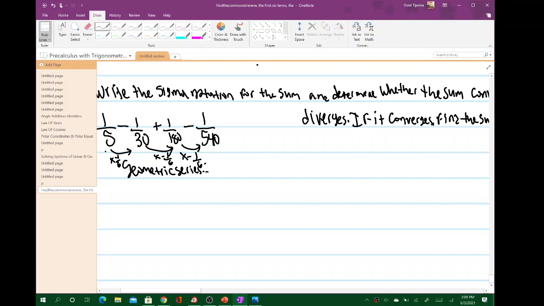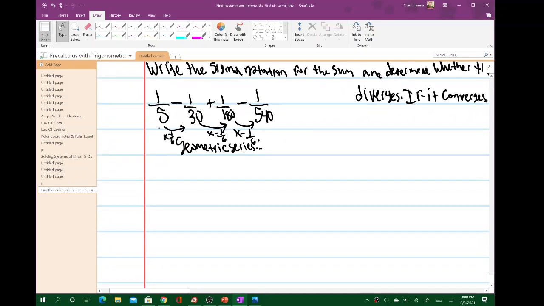Now remember, to find the sum of a geometric series, we need the formula for a geometric series, because in order for us to write it in sigma notation, we have to know what a sub n is. We don't know that, okay?